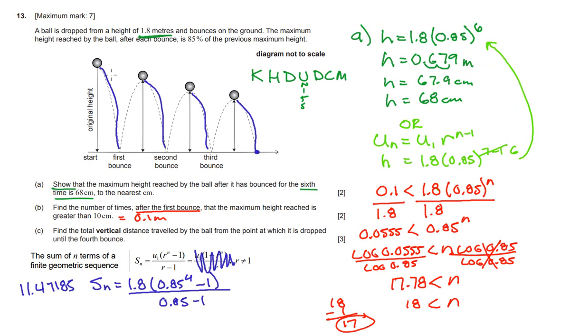Okay, but this now includes this, this, this, and this. But we actually don't want this part in here. We know that that's 1.8 meters from here down to there. So we would take this 11.47185 and subtract 1.8 from that.